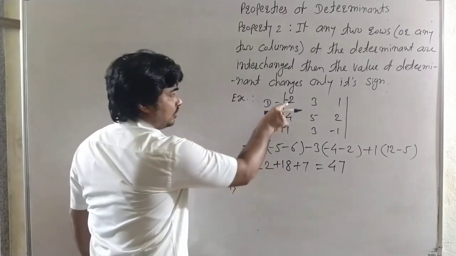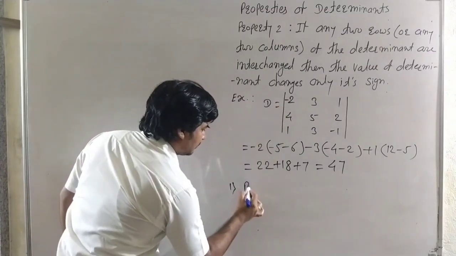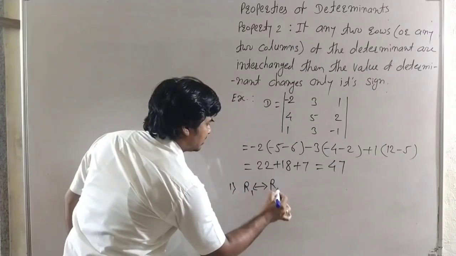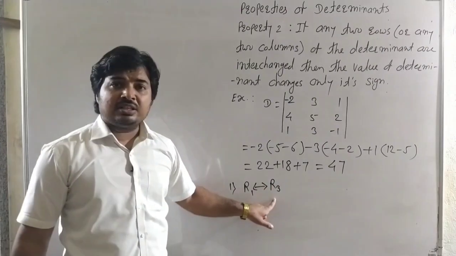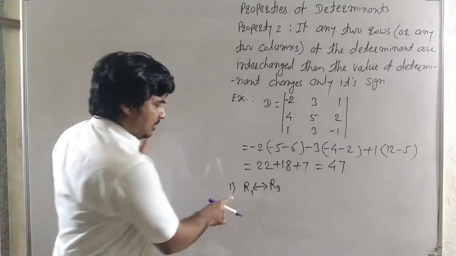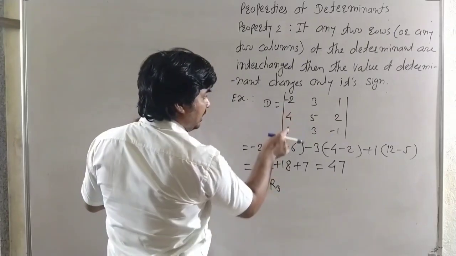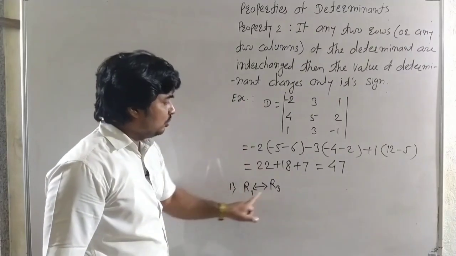We interchange row 1 and row 3. This symbol is for the interchange: row 1 interchange row 3. This is the first transformation. We can interchange any 2 rows.